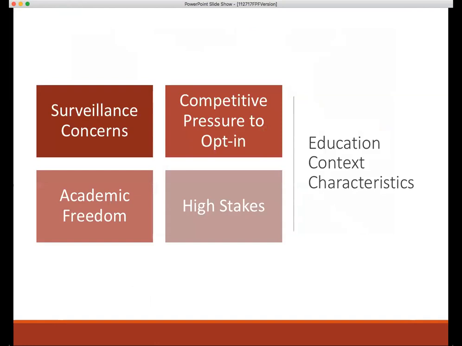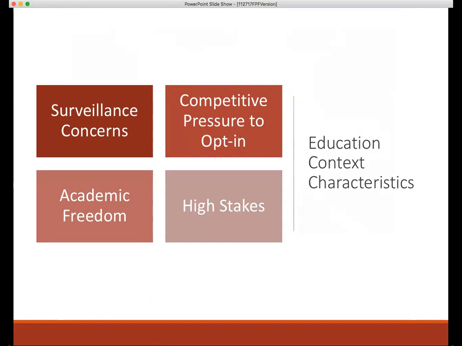So this brings up a few important considerations about privacy and fair information practices that are different in education in terms of instead of other contexts like consumer or medical. There is the consideration about surveillance.